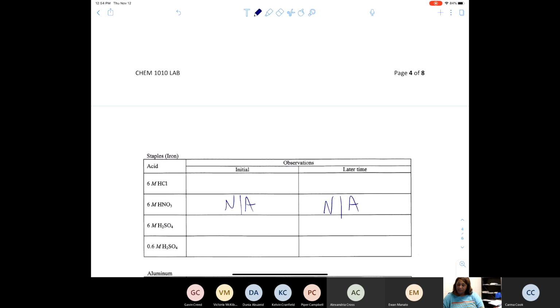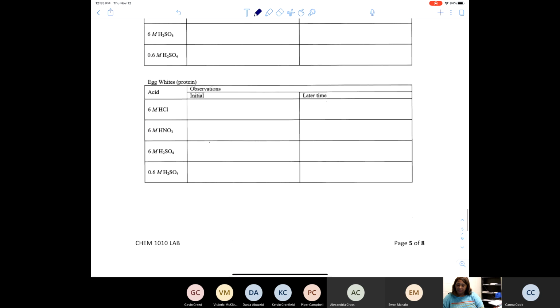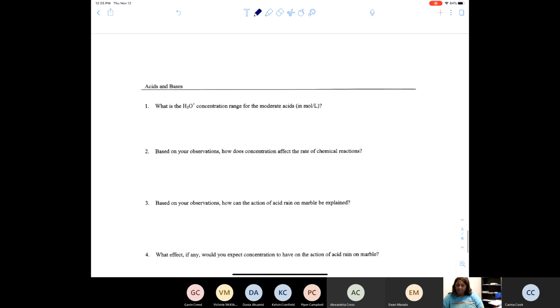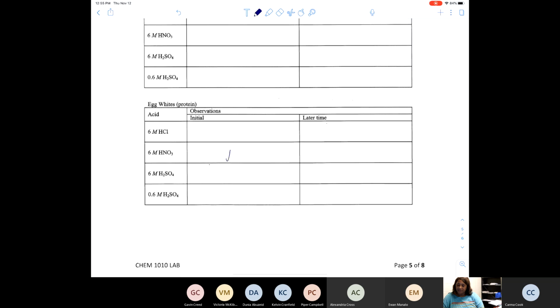That's fine, okay? But for the other 3 acids for each substance, just give me a few words to describe what you saw. Again, any questions about your observations?